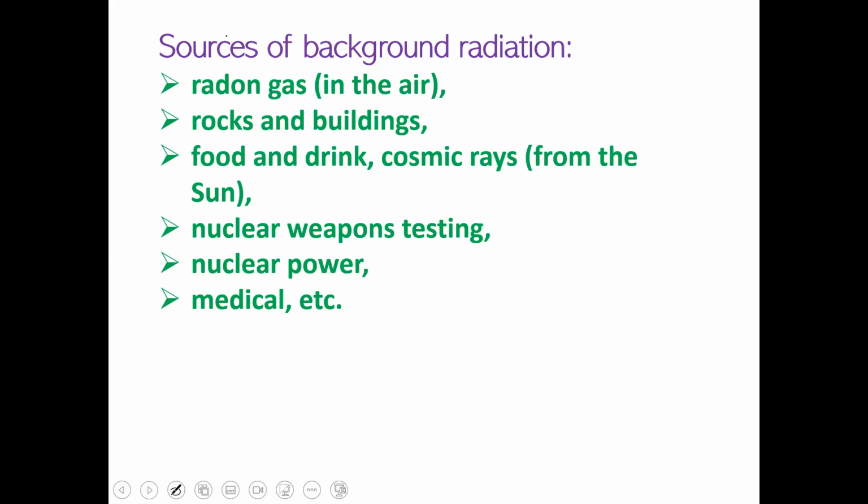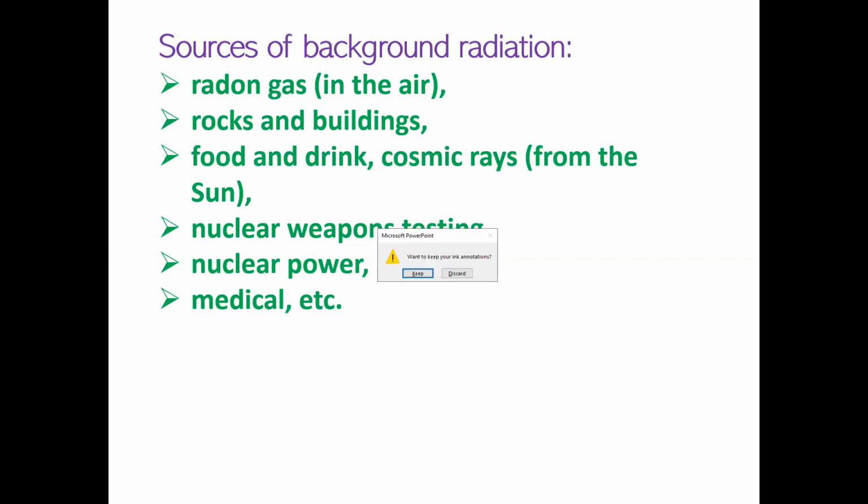Now, we are discussing in our course what are the sources of background radiations, from where they are coming. There is a gas, in chemistry we find it in noble gases, radon, it's a radioactive gas. Rocks and buildings, food and drink, cosmic rays from the sun.